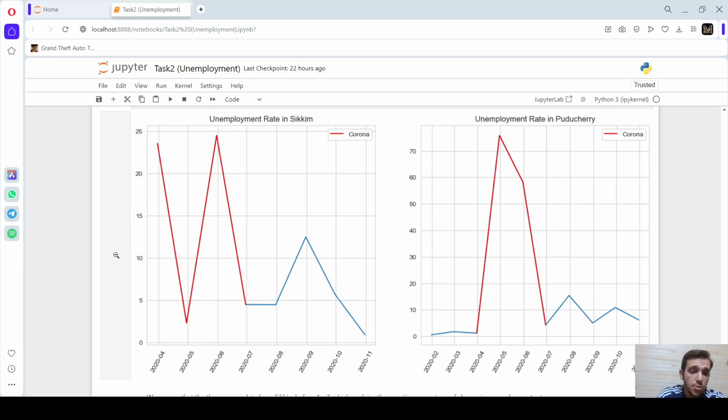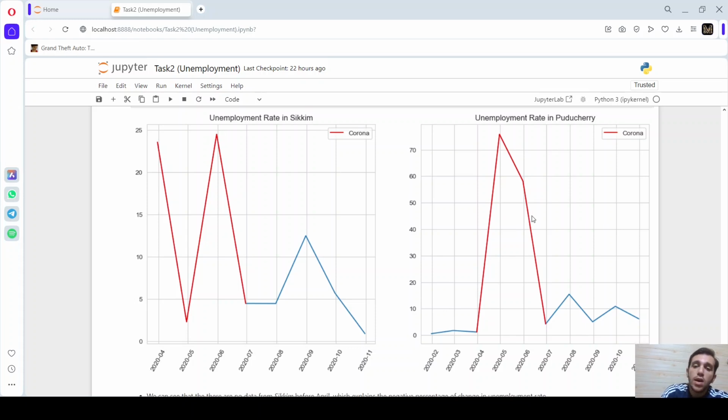And as we can see, there's no period before in Sikkim, so we can see that data were collected just when lockdown started, and that's the reason why it's negative, because the unemployment rate was high and then it went really down. So this drop over here accounts for the negative change that we got. But what actually happened is that the unemployment rate went too high then in June.